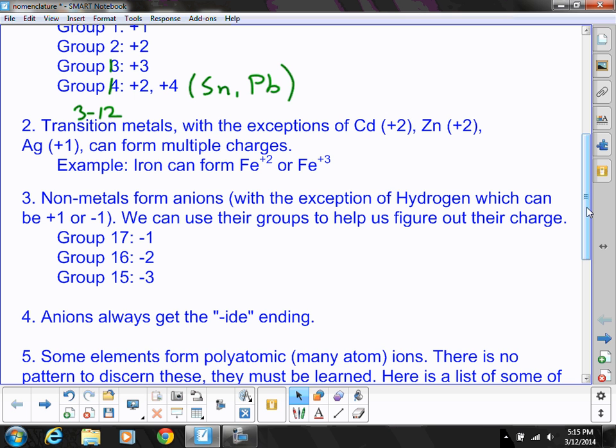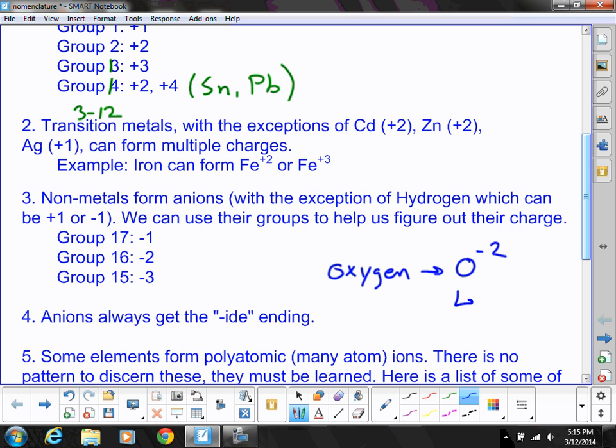In the naming of these things, though, the anions do change their ending. So, for instance, anions always get an IDE ending. So, for instance, oxygen, which can form a -2 charge, you change the ending of it from oxygen to be oxide.